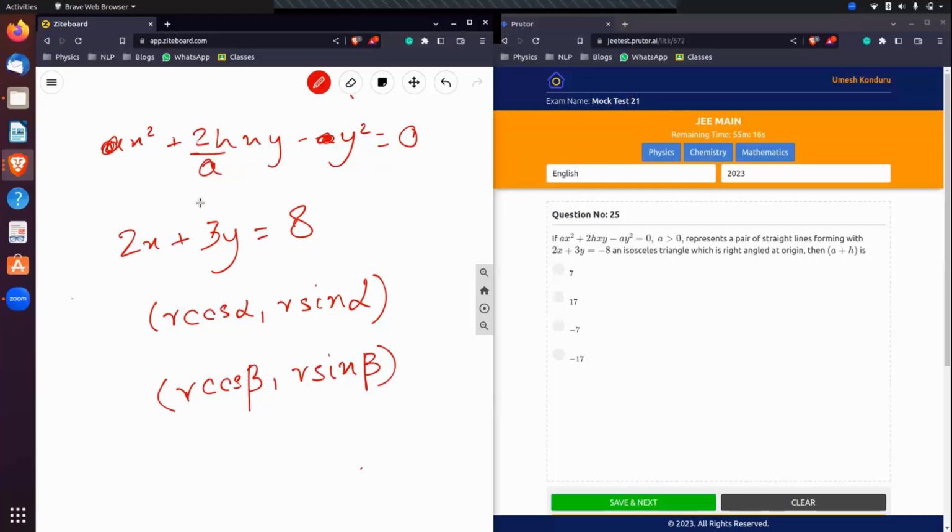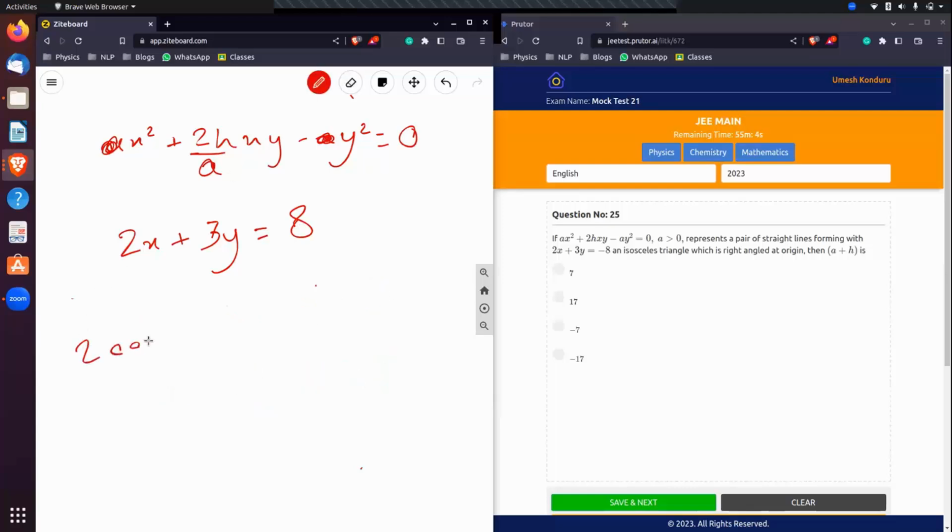In general, if r cos theta, let's say, satisfies these two equations, you get something of this sort. 2 cos theta plus 3 sin theta equal to 8. And then you have 2r cos theta.